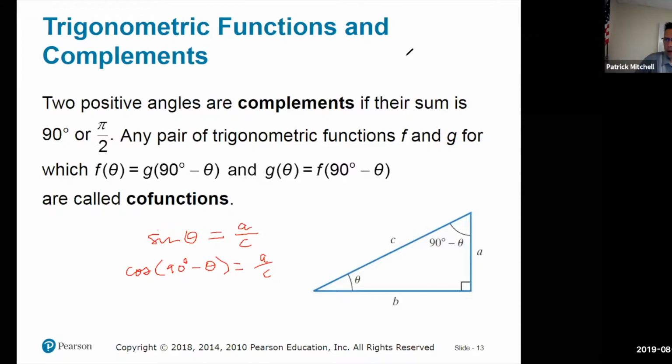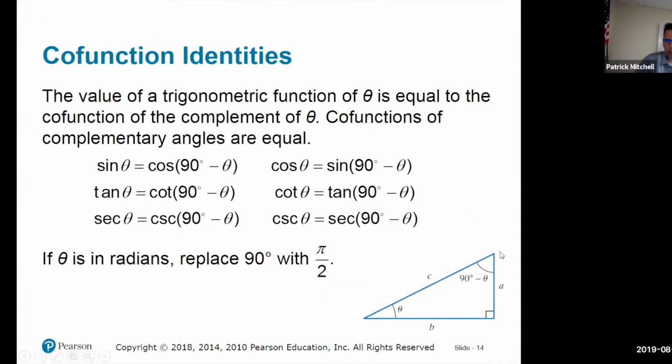So let's see how that looks when we have it all written down. Okay, here it is right here. The value of a trigonometric function of theta is equal to the cofunction of the complement of theta. Now it turns out that the cofunction pairs are very easy to remember.